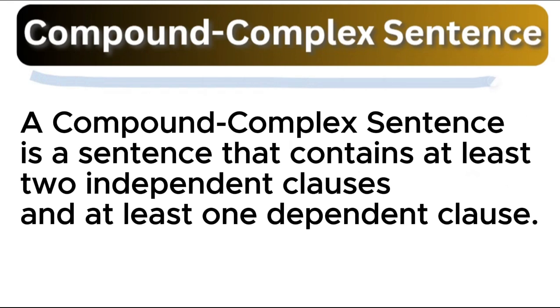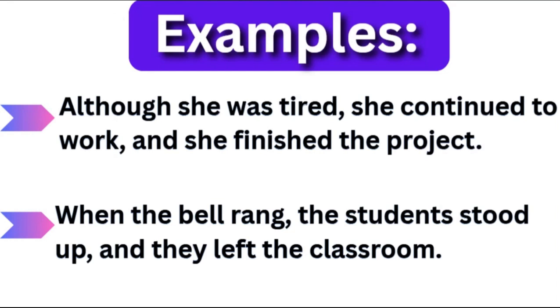And finally, the biggest and the most fun one, compound complex sentence. Just from the name, you can guess it's both compound and complex. So what does that mean? It means the sentence includes two or more independent clauses and at least one dependent clause. It's like combining everything we've learned into one powerful sentence.